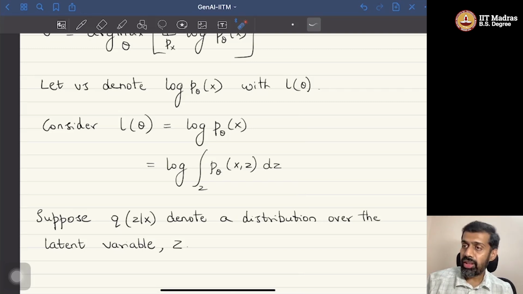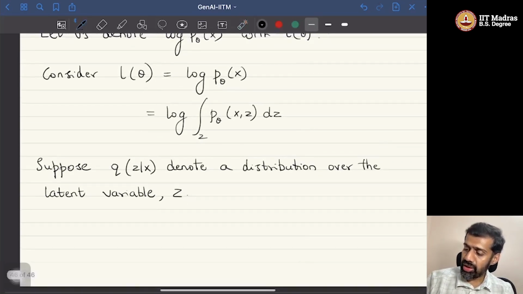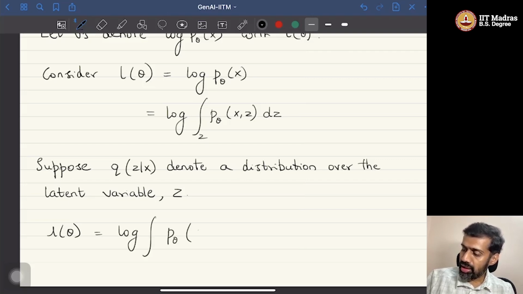For mathematical purposes, let's say that q of z given x denotes any distribution on the latent variable z. So we have L theta, the log likelihood, given by log of the integral of p theta x and z, marginalizing with respect to dz.